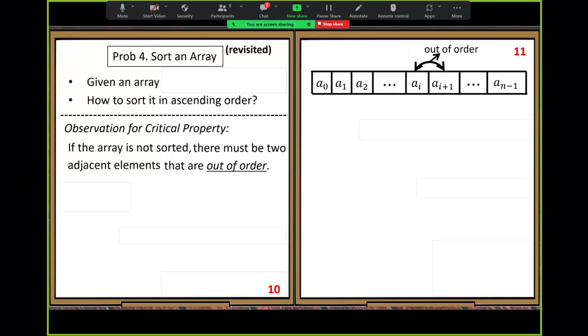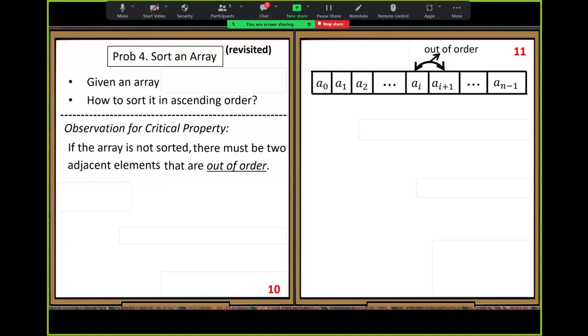If an array is not sorted, there must be two adjacent elements that are out of order. This is the critical property. If we can see that, then we're halfway to our final solution.